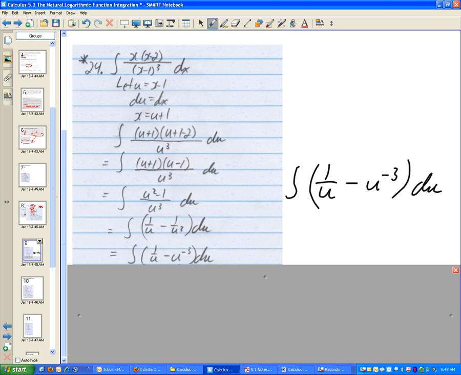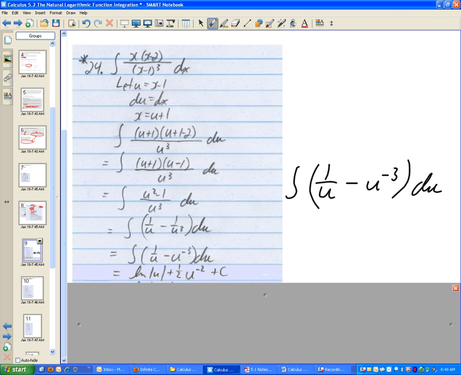So, what is the integral of 1 over u? Natural log of the absolute value of u plus c at the end. Don't forget to take the integral of negative u to the negative 3: add 1 to the exponent, makes the exponent negative 2, divide by negative 2. Don't forget the plus c.